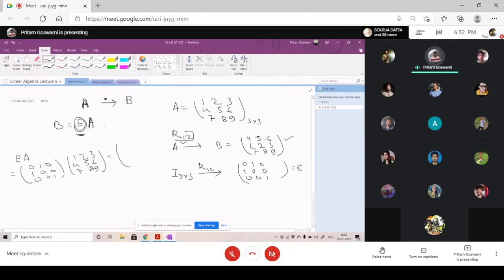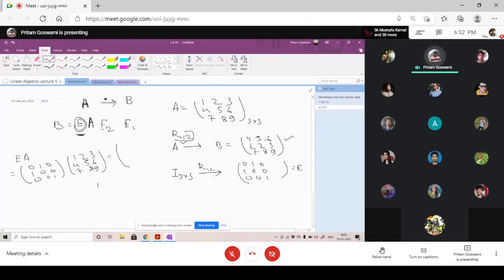Suppose you are operating 2 row operations simultaneously. The first one is interchanging the rows, and the second one is multiplying a row and adding it with another row. So you will get 2 matrices: for the first one you will get E1, and for the second operation you will get E2.